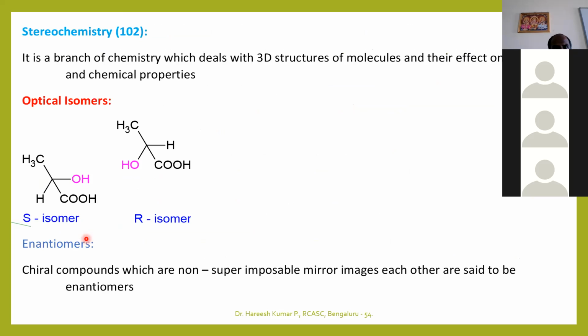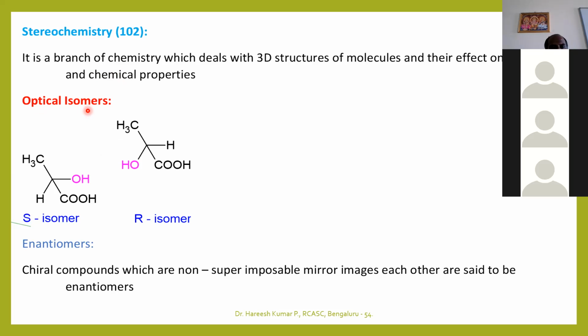Stereochemistry is a branch of chemistry which deals with the three-dimensional structures of molecules and their effect on physical and chemical properties. So under that, we'll take one concept called optical isomers.